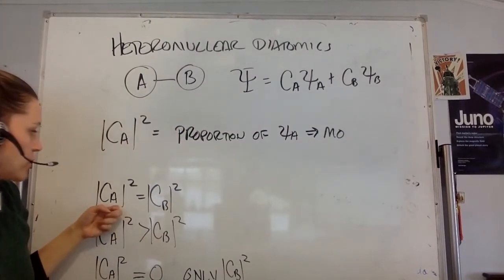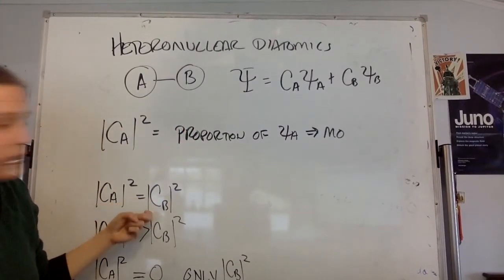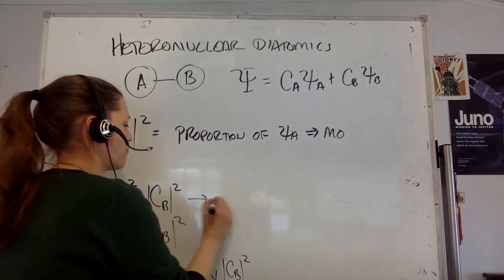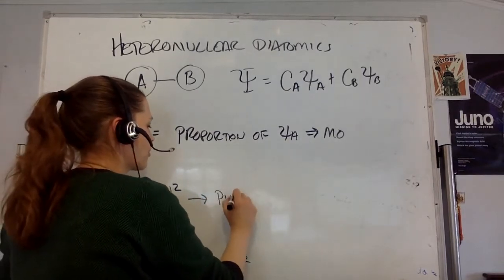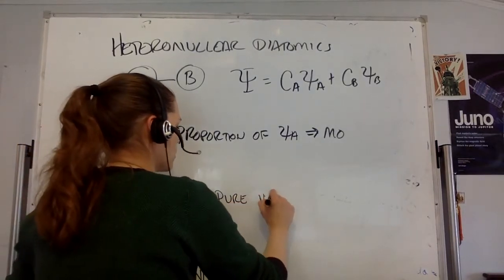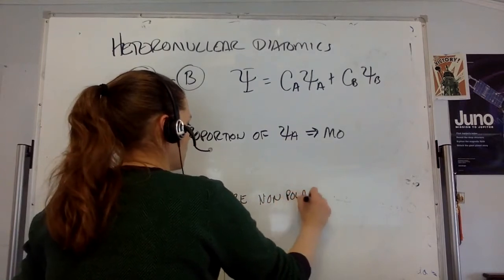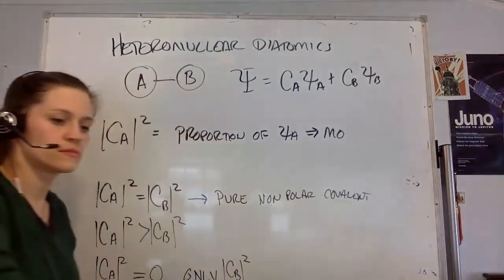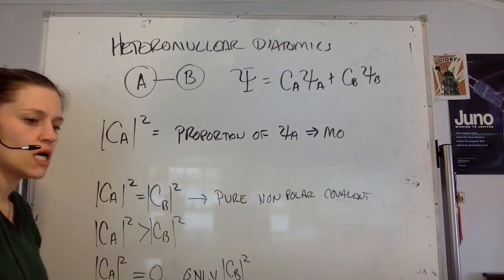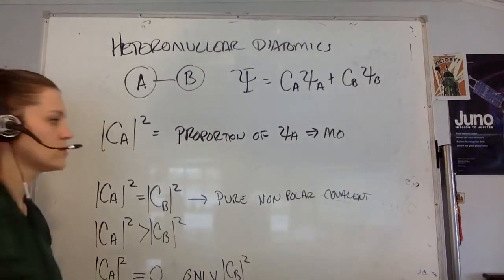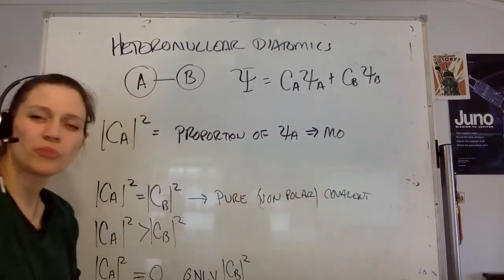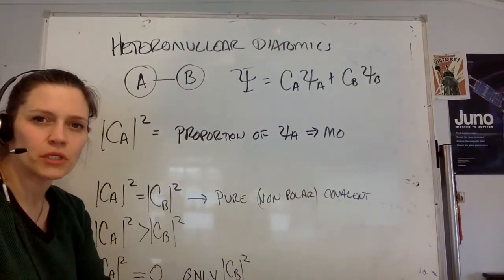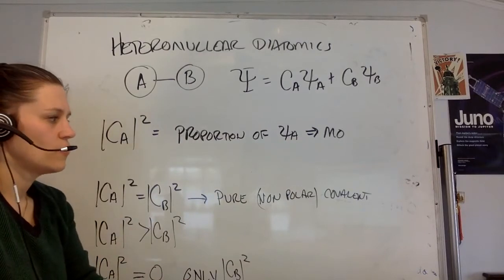One of the things that's cool is if you compare the coefficients, so if Ca squared equals Cb squared, this is where we define a pure nonpolar covalent bond. Go team. So a pure nonpolar covalent bond, and pure covalent is kind of the language that's used where you have an equal sharing.